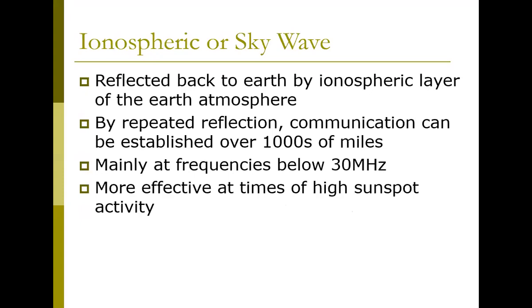Then there is the ionospheric wave, also named the sky wave. I've told you that in between there is the tropospheric, and the highest one is the ionospheric or ionosphere region.